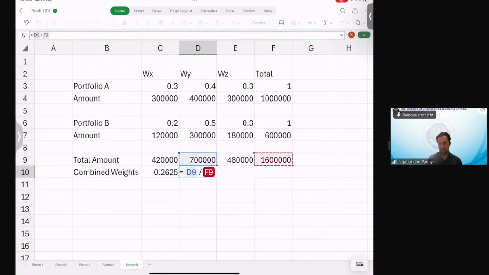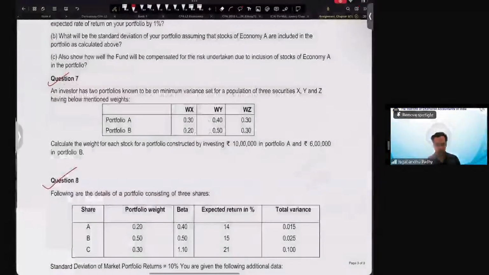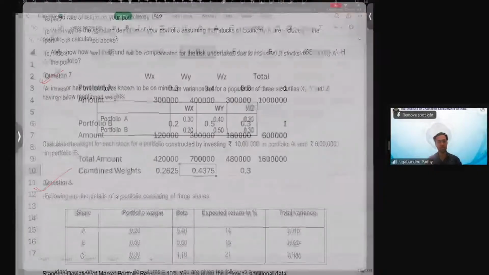Then this is 7 lakh out of 16 lakh, and this is 4 lakh 80,000 out of 16. These are the weightages. Did we get these combined weights, everyone? Yes, sir. Okay, so that's question number 7 for us.